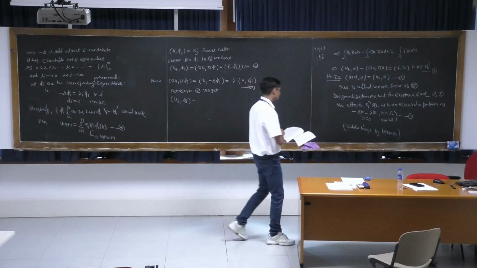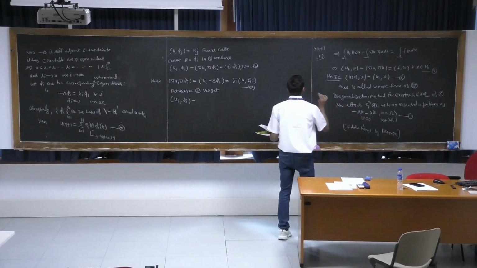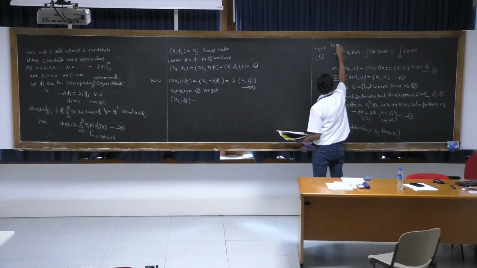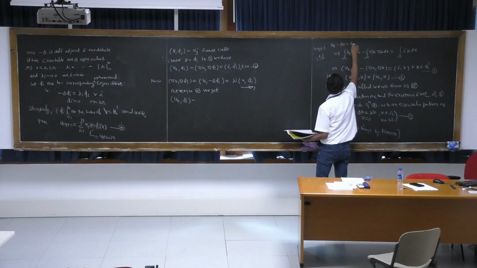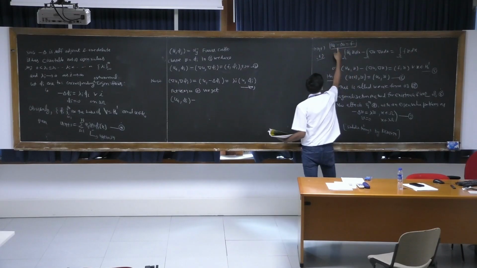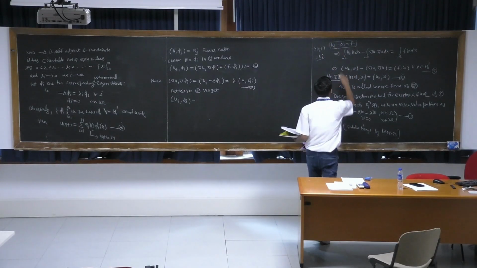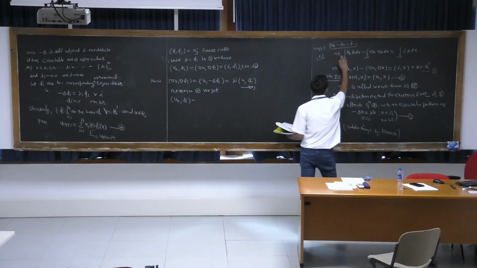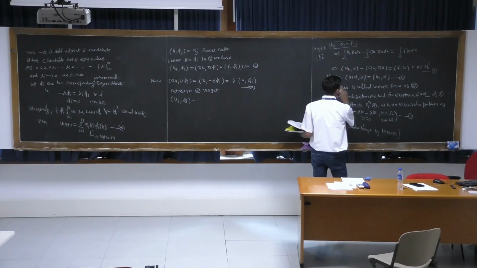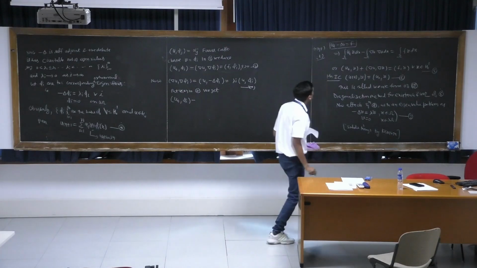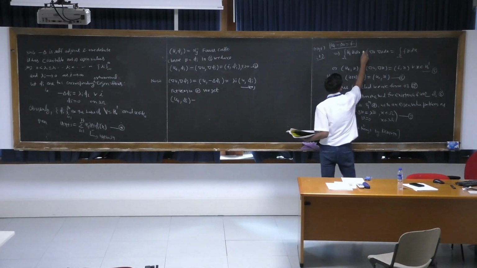Oh, sorry, actually our problem was initially minus del u is equal to f. So not plus here, I think I have written plus here, so it is minus here. So that's why this becomes plus.